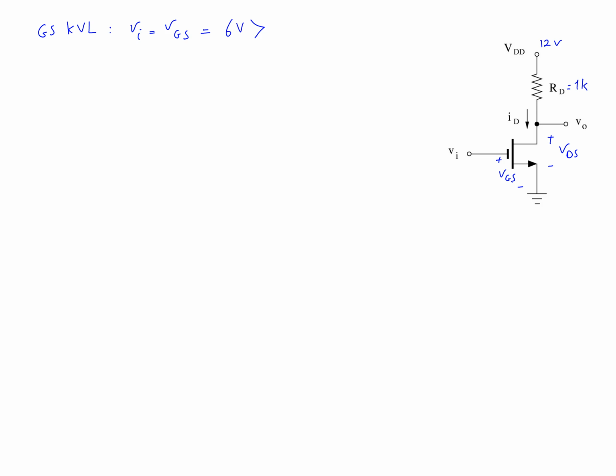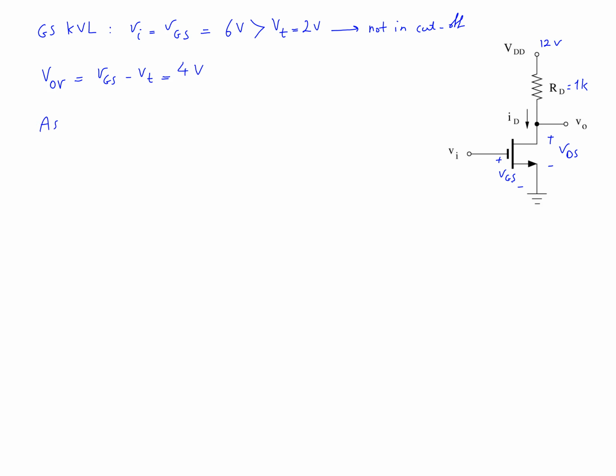That is greater than V threshold, which is 2 volts. From there, I know that the MOSFET is not in cutoff. Okay, so I'm moving on by the assumption of this MOSFET operating in the saturation region. So overdrive voltage equals to voltage from gate to source minus V threshold, that's going to be equal to 4 volts.